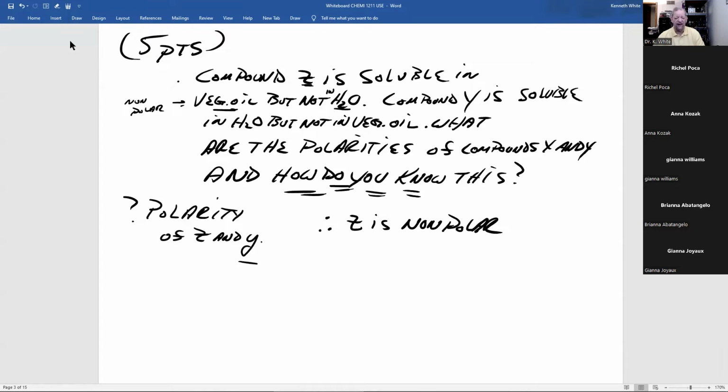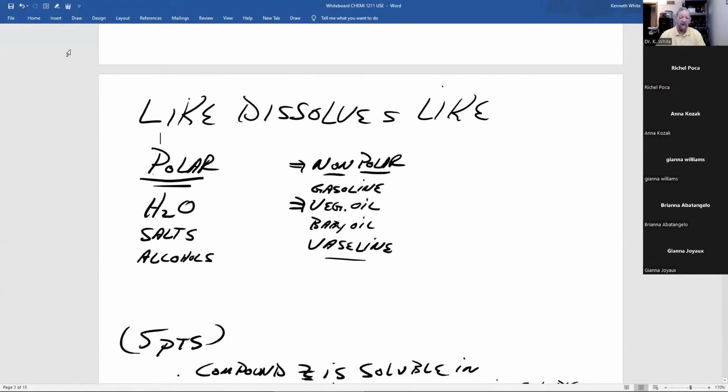Now, we're also trying to find Y. Y is soluble in water, but not vegetable oil. And this is something you've got to memorize. I'm talking about now for quiz 4. I'm not going to give this to you.